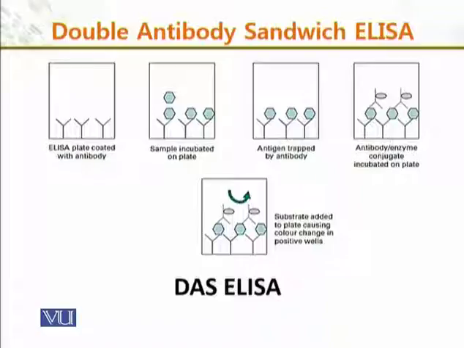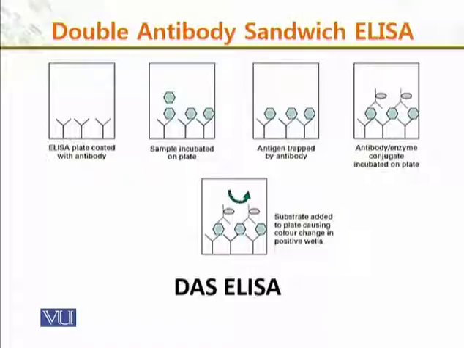Further, the antibody enzyme is added and it reacts with them. Then the color development occurs, and we can determine whether the antigen is present or not. So this is the double antibody sandwich ELISA.